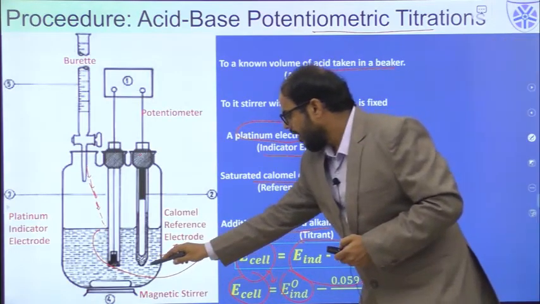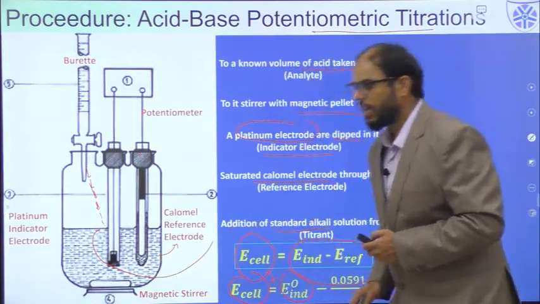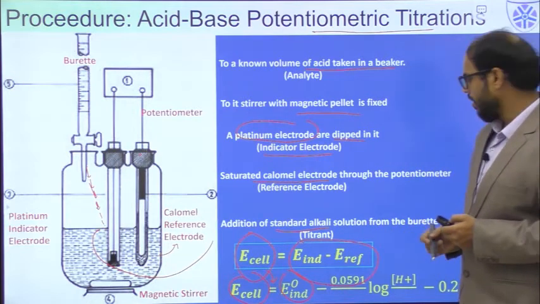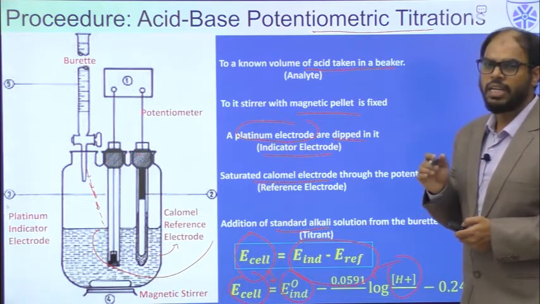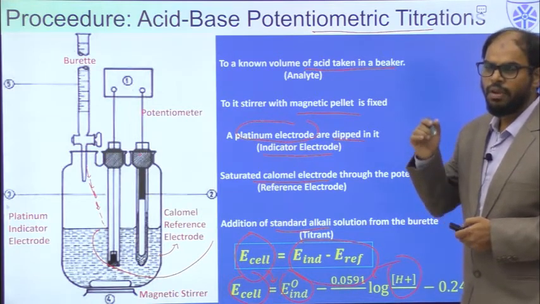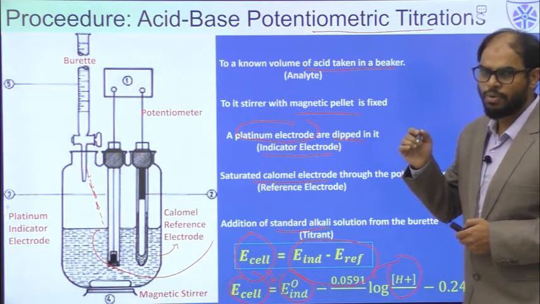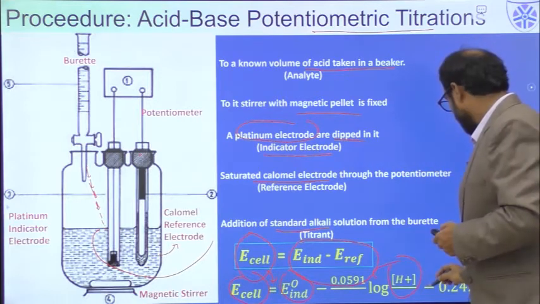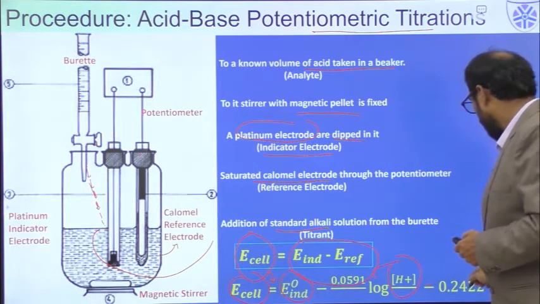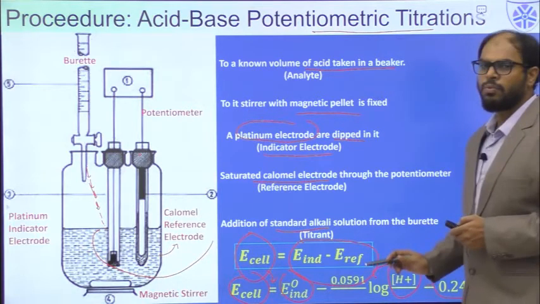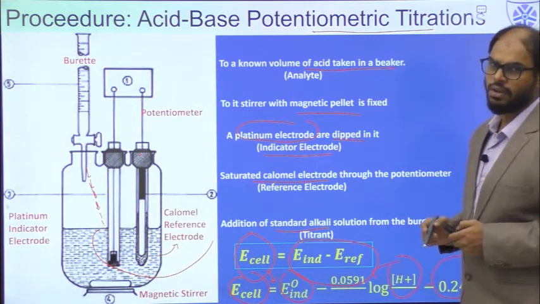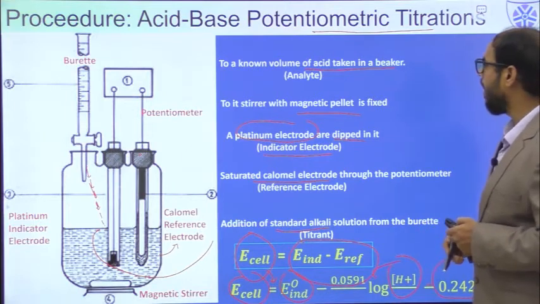Here we are adding base to the analyte, and the analyte is the acid solution. We can see that the H plus ion concentration will keep on decreasing over a period of time when alkali is added drop by drop to the analyte. Minus 0.2422. This value corresponds to the electrode potential of the reference electrode, that is the saturated calomel electrode.